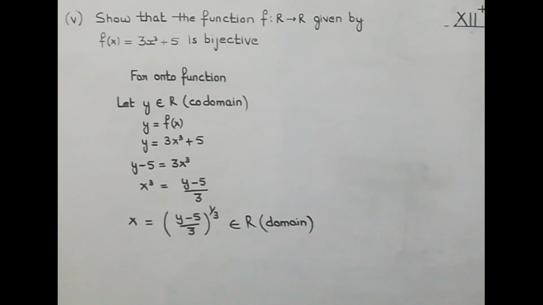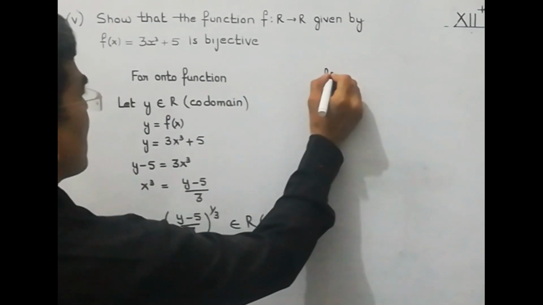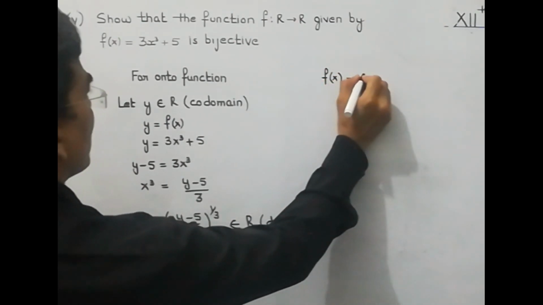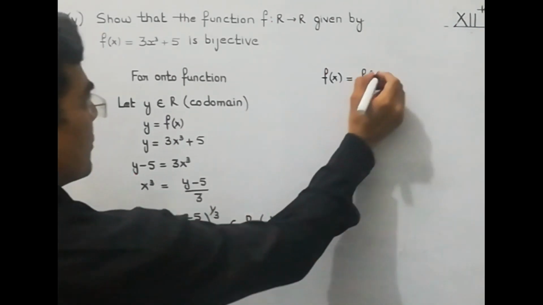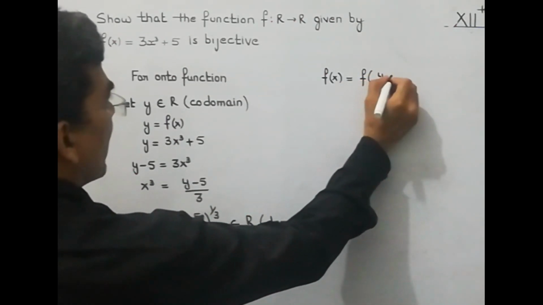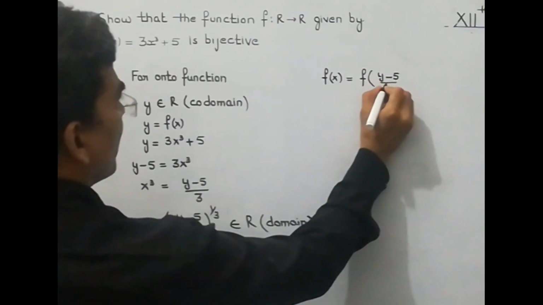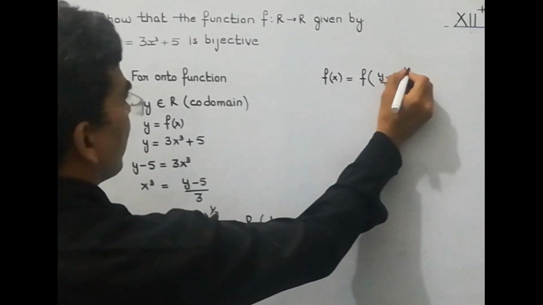Now if x belongs to domain, then x, on substitution in the function, should give its image. So let us substitute in the result f of x. Let it write like this: f of x is equal to f, and in place of x you are going to write (y minus 5 upon 3) raised to the power of 1 by 3.